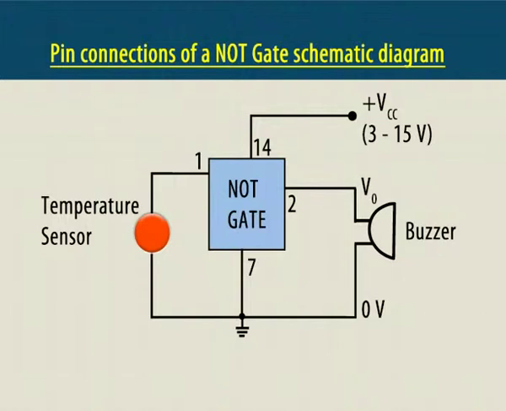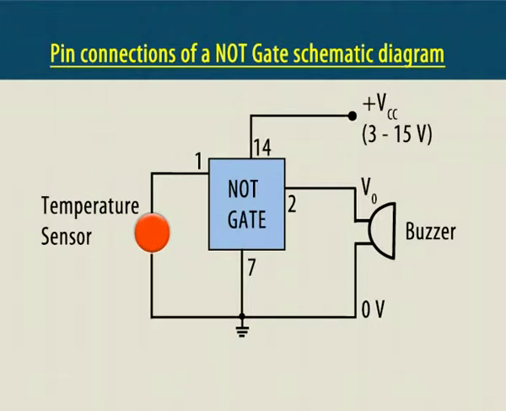On your screen is a schematic diagram of the circuit we need if we decide to use discrete components on a breadboard. We have our NOT gate, and we have one terminal of the temperature sensor connected to pin 1 and a second terminal grounded.